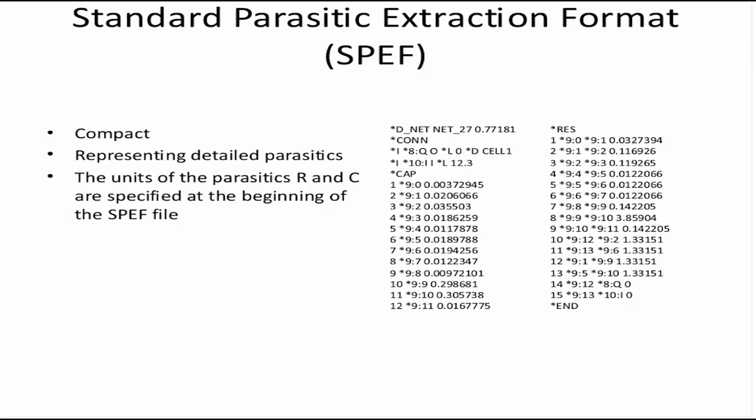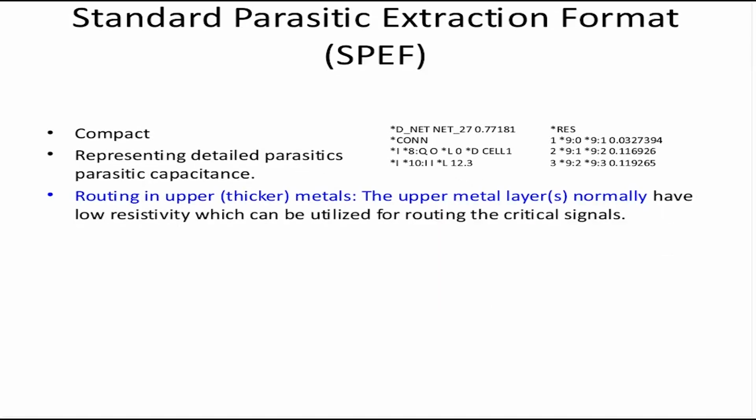It does not have every node, so the approximation is done at the level of the extraction tool. The extraction tool will make some approximations, or it will do some modeling, and it will dump SPEF which will be slightly less detailed than DSPF, but it will have the coupling capacitance also. So with SPEF we can do noise and signal integrity analysis. So this is the most popular industry standard format, and I also use this a lot on the chips I am working on.